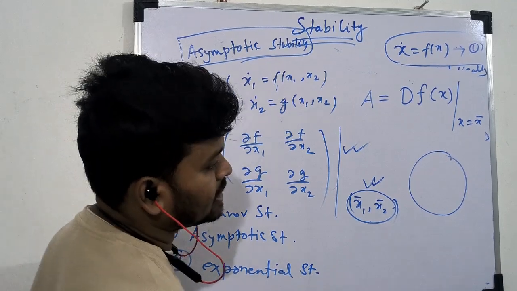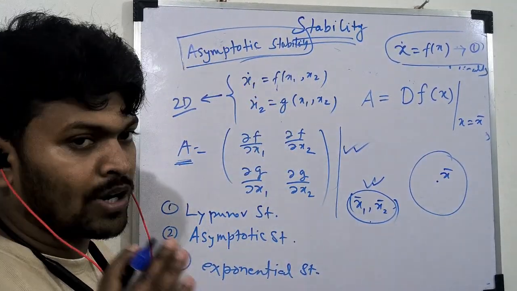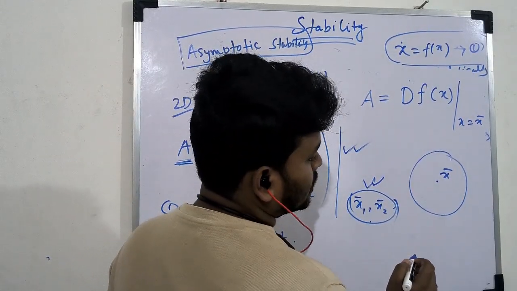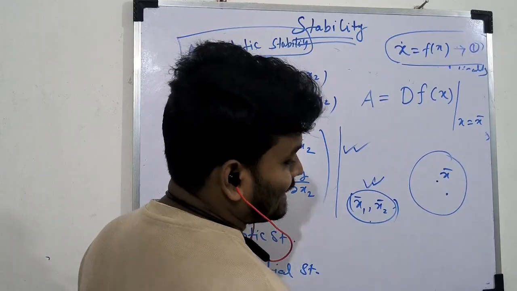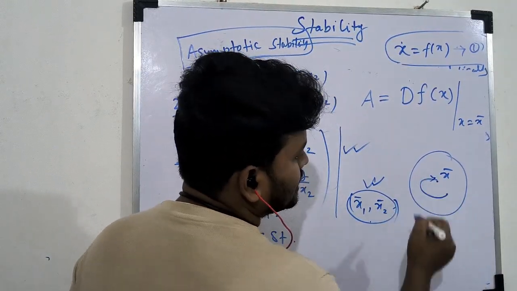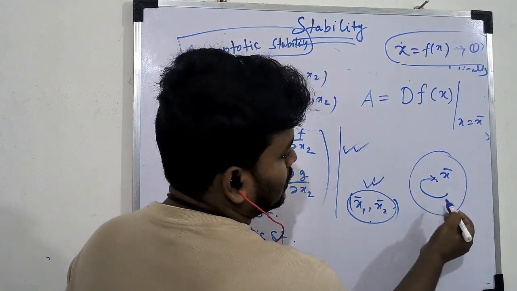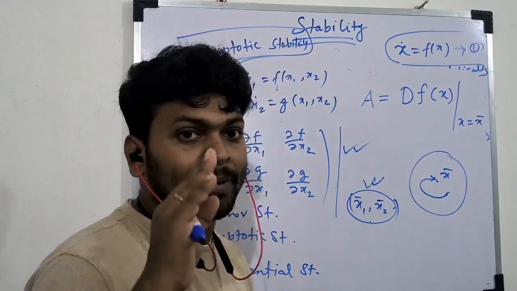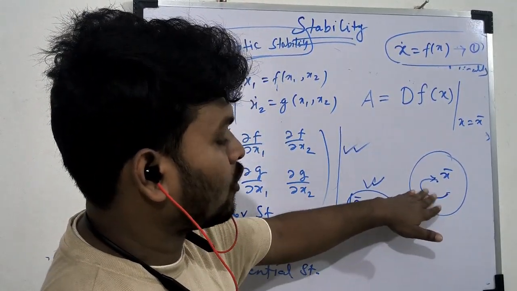Exponential stability means this equilibrium point will be called exponentially stable if we choose an initial condition close to this equilibrium point, and then the rate of convergence of the solution trajectories to this equilibrium point is exponential.